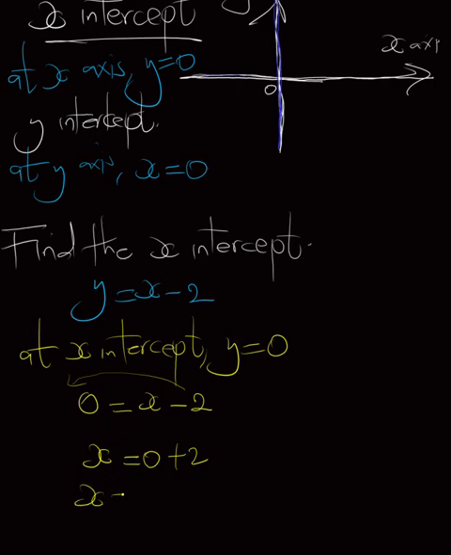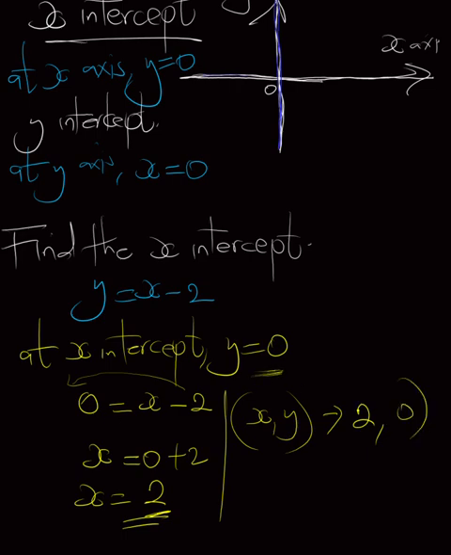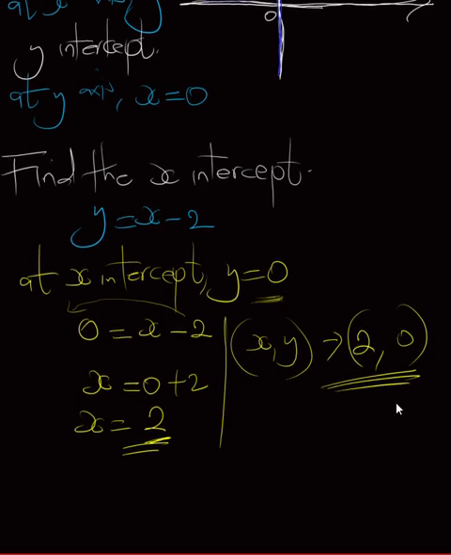So x is going to be 0 plus 2 is 2. Then after this, we write the exact coordinate in the form of x, y. The coordinate will be x is 2, then y was 0. This is now the answer, the x-intercept.